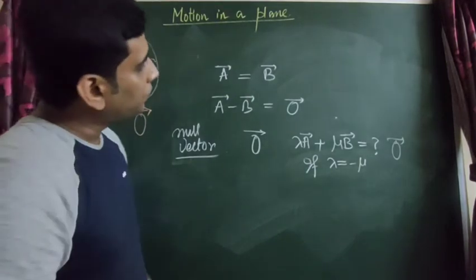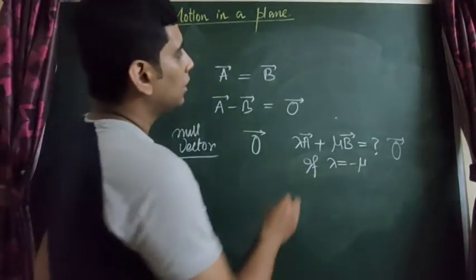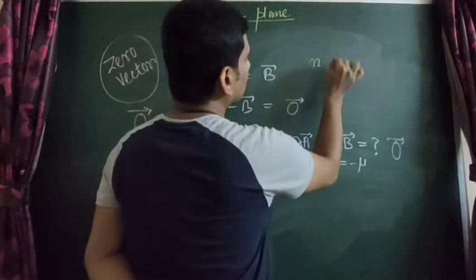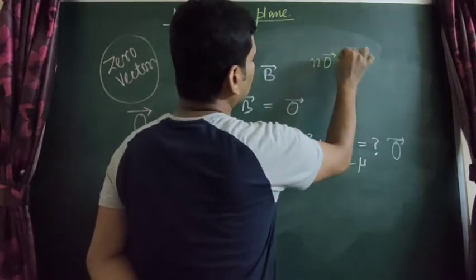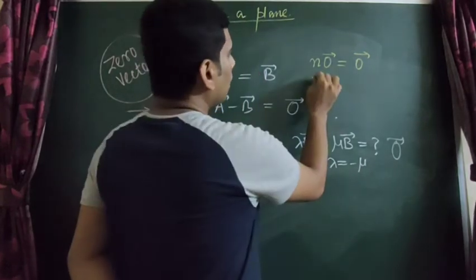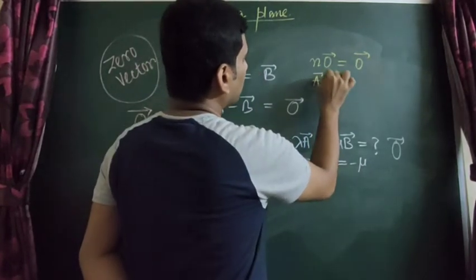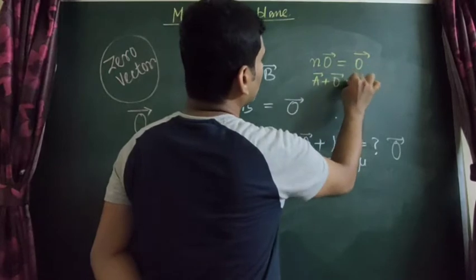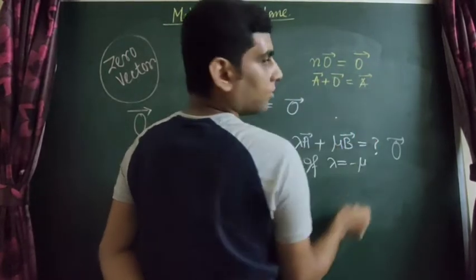A few features of the null vector. If you multiply any number with the null vector, it becomes a null vector. If you add a vector with the null vector, it gives the same vector.